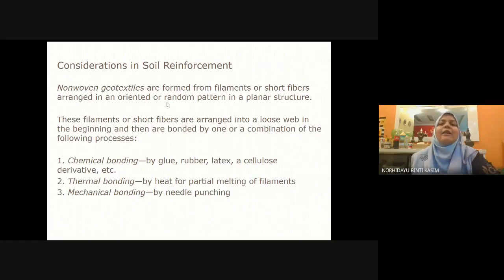Non-woven is made by combining the fibers and gluing them together. There are a few processes of combination: chemical bonding with glue, rubber, or latex, then thermal bonding and mechanical bonding, to form the non-woven geotextile.